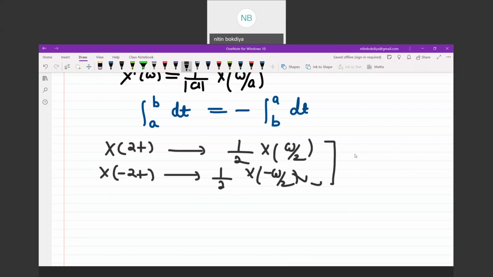This is frequency scaling. And a compression in one domain is equivalent to expansion in another domain. So this is the idea.